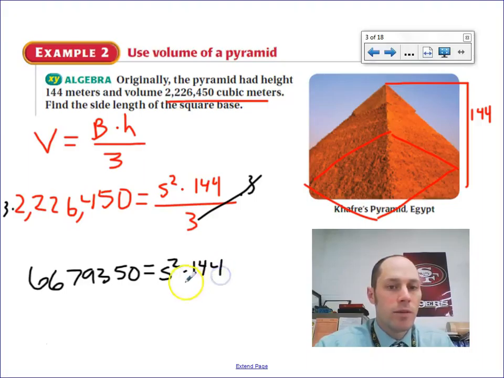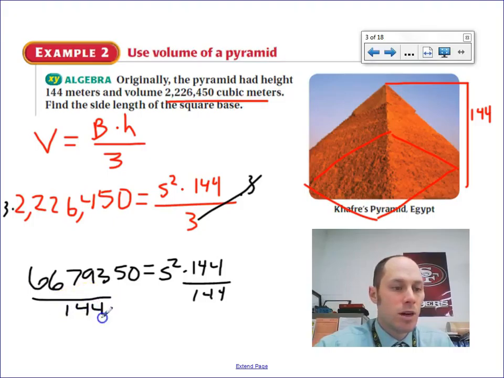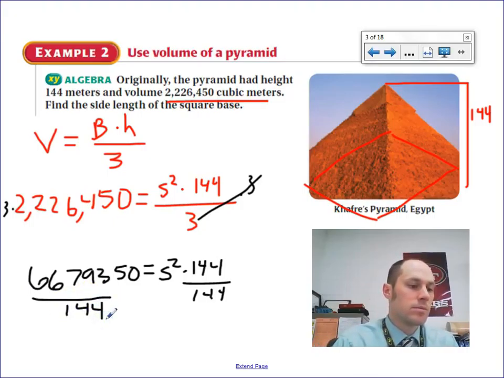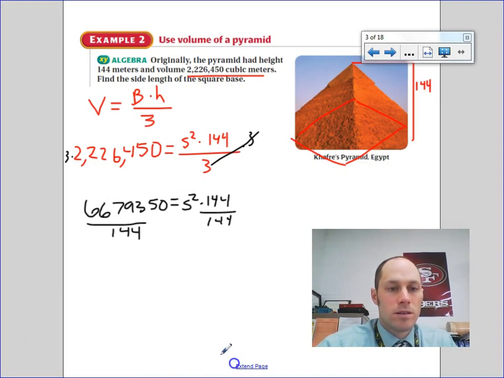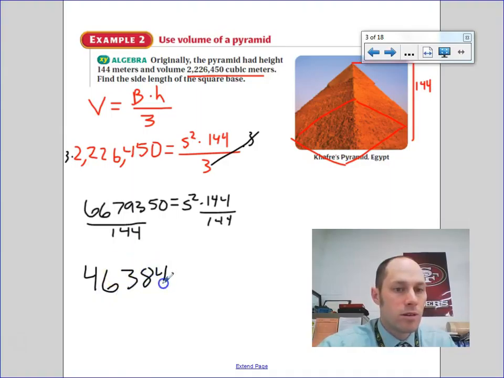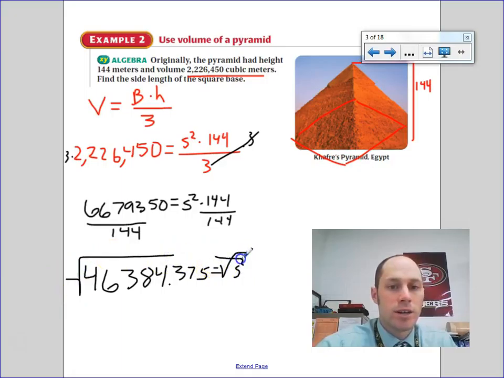So now I'm going to divide by 144 to try to get s by itself, which will give us a smaller number now. 46,384.375 equals s squared. And then it's just a matter of taking the square root to cancel out our square.